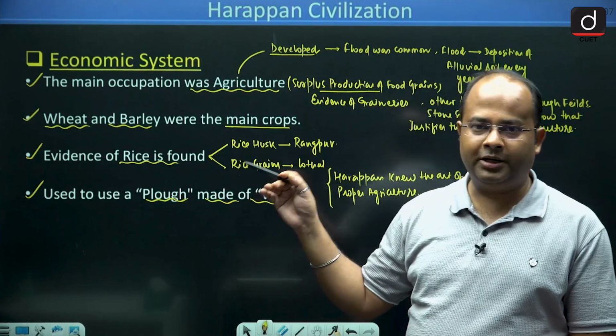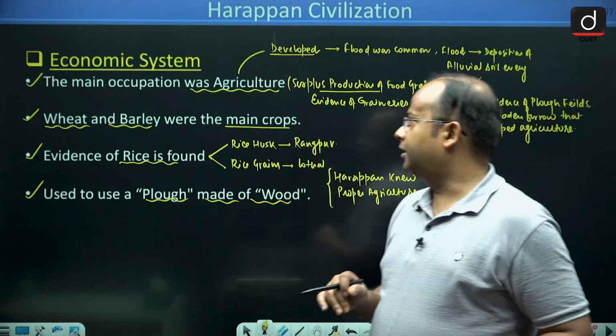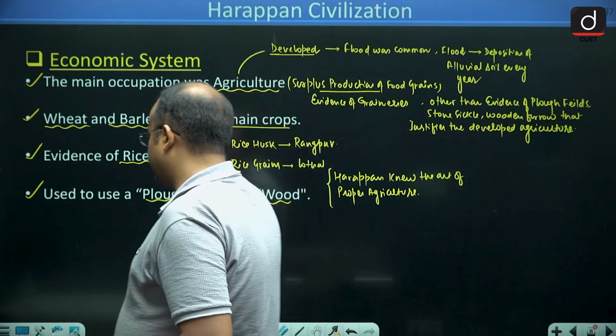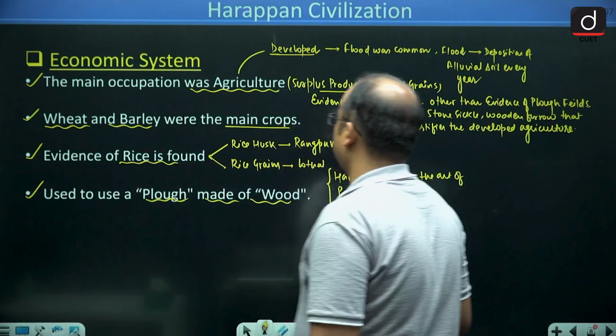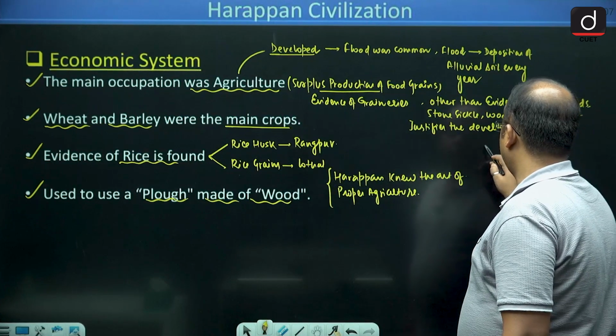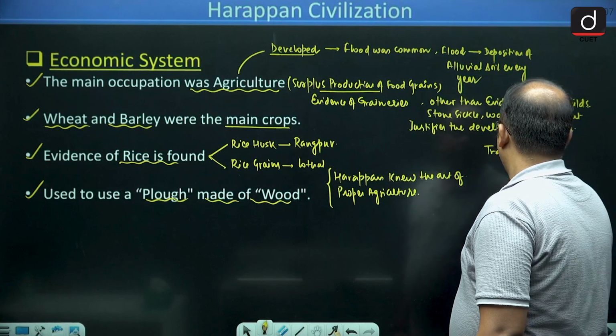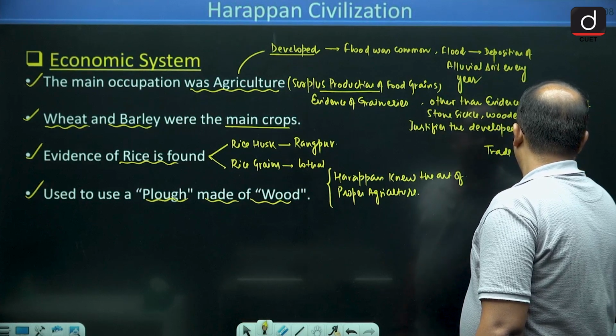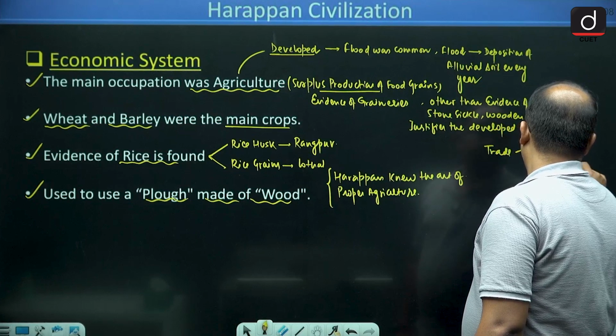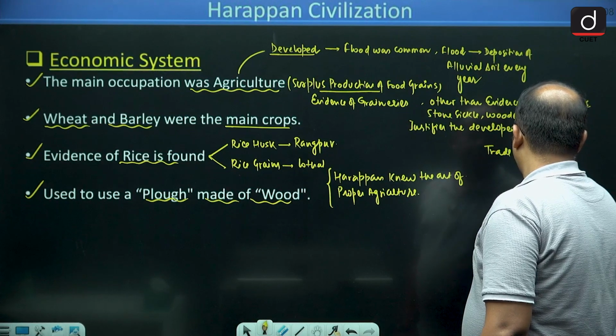So that was being found through the economic system, and there is no evidence of money. In the economic system, they used to do trade within Harappa and outside Harappa.